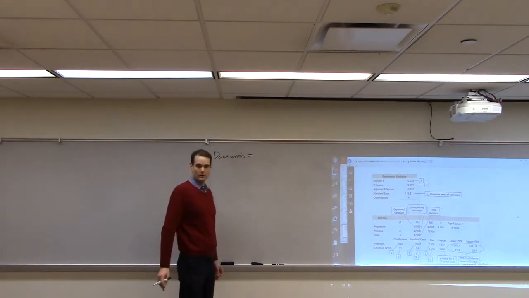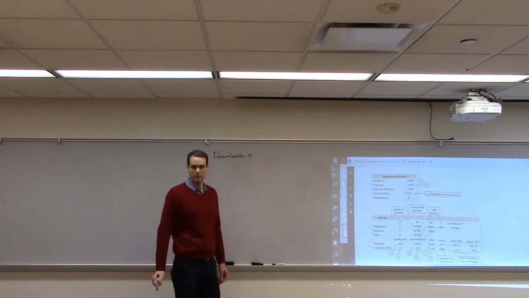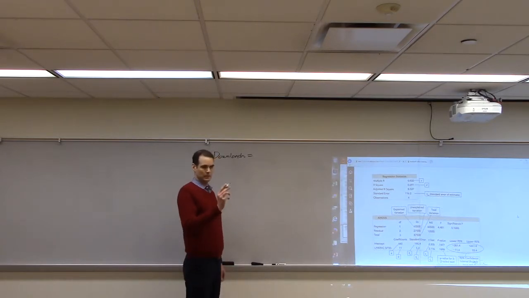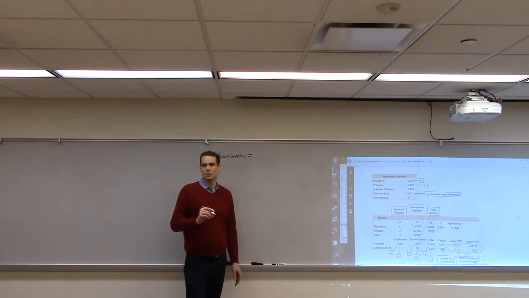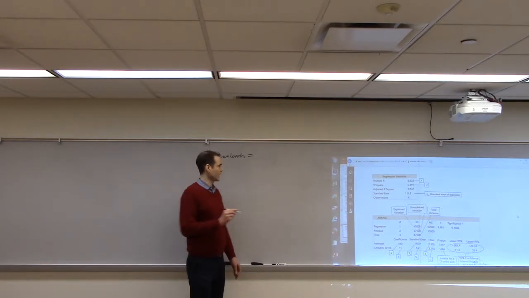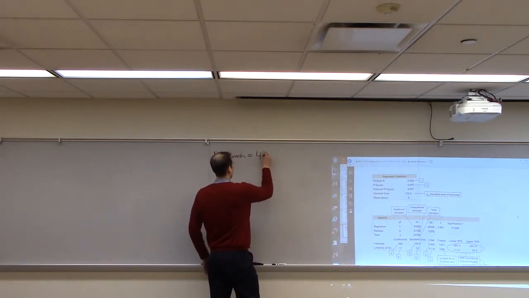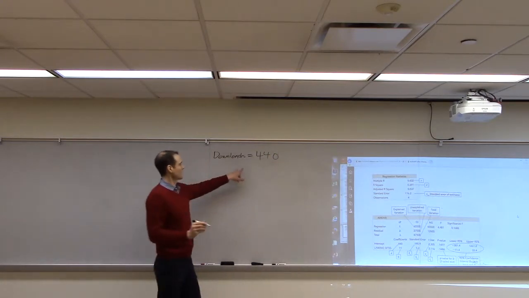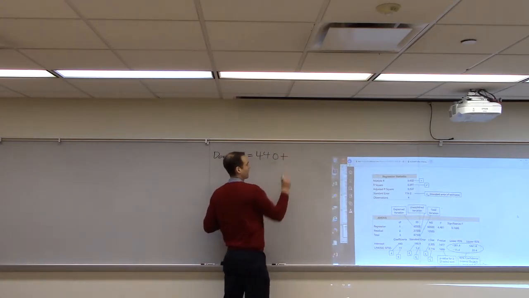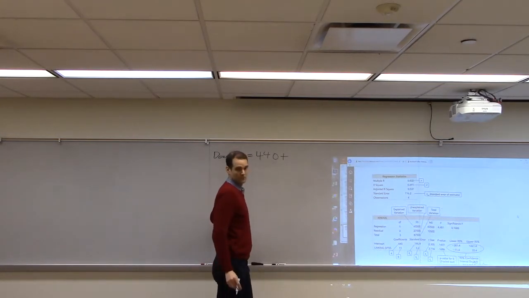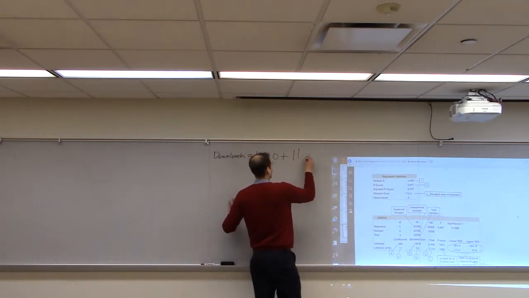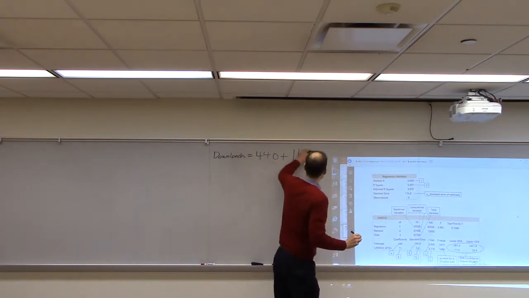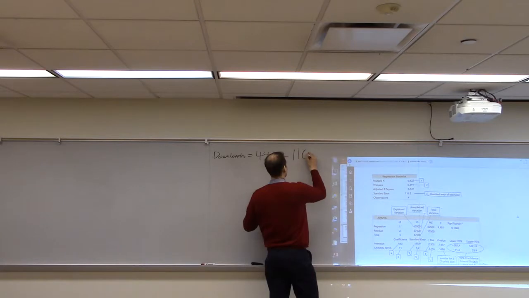Is it A plus B X? Yes. What is A? Do we have a number for the intercept? Yes. 440. All right, so number of downloads is 440 plus 11 times linked sites.